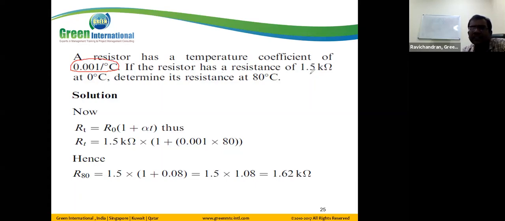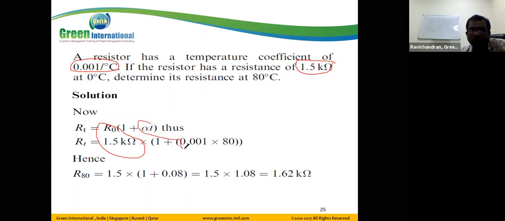The resistance R at 0 degrees Celsius is 1.5 kilo ohm, so R naught is equal to 1.5 kilo ohm, and alpha is 0.01.